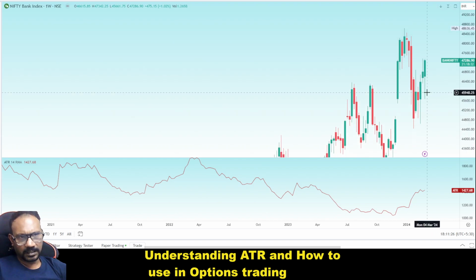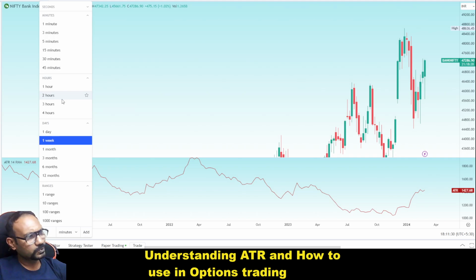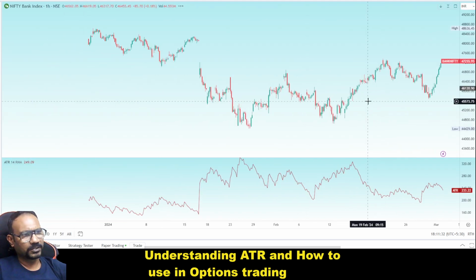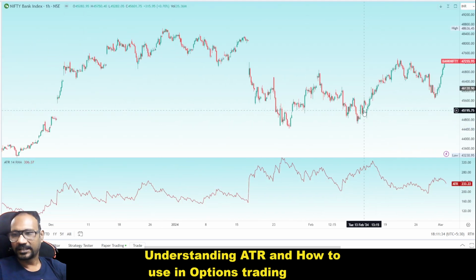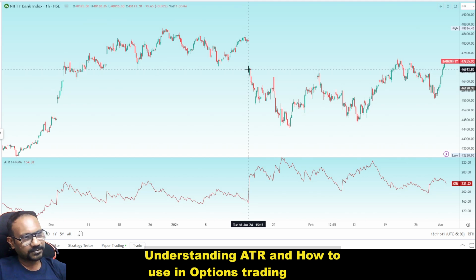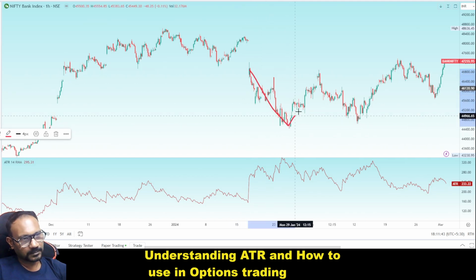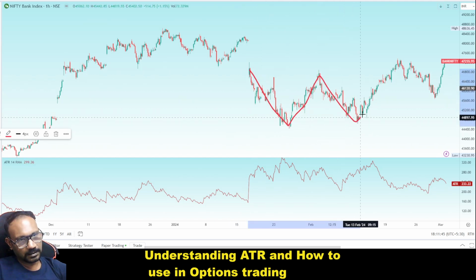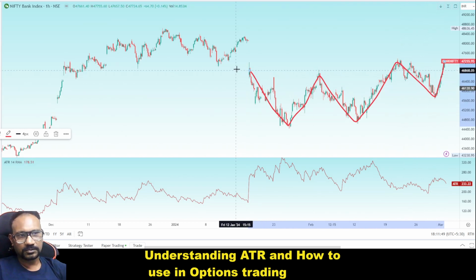Now I'm going to show you exactly that. Let me go to the 1 hour candle because here is where you will find it more interesting. You can see that the market has formed a W pattern or inverse head and shoulder or cup and handle, whatever you want to call it.